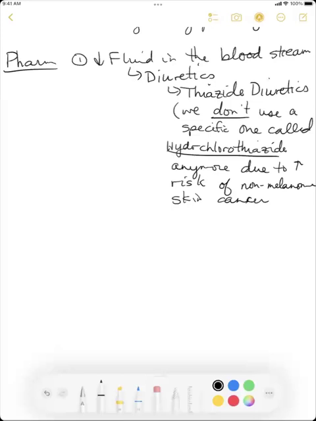The second way that we approach treatment of high blood pressure is we can actually start by just using this formula, MAP equals cardiac output times resistance. If we can figure out a way to reduce cardiac output, it's going to reduce our blood pressure.